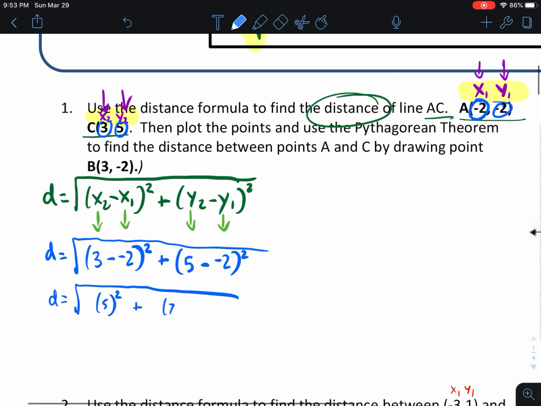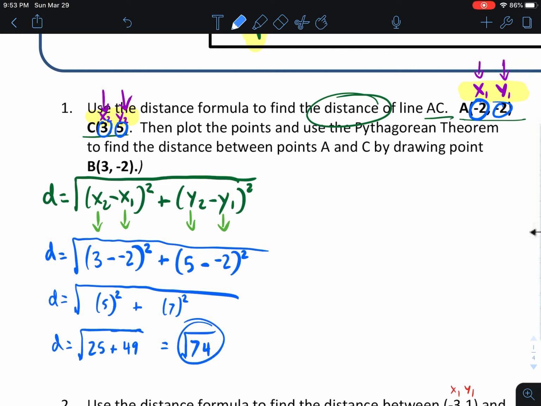That's 7 squared. Cool. How do we simplify that? Distance equals the square root of 5 squared, which is 25. This is still under the square root. 7 squared is 49. Okay. Add those up. You get the square root of, what was that, 74?